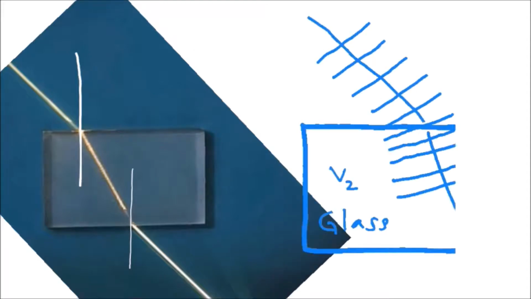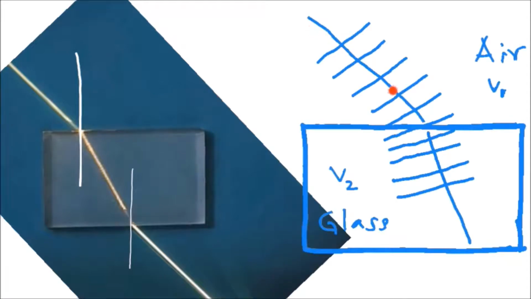Let's look at this in detail. This is our incident ray, and for simplicity, let us consider this as a light particle. Now, when it reaches the glass slab medium, this part of the light ray enters the glass slab, whereas the other part of the light ray is still outside.